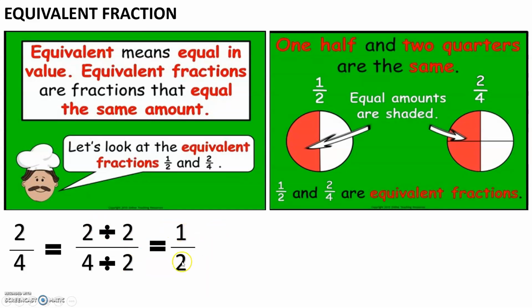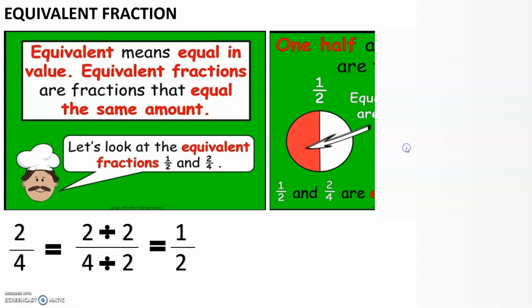So the answer is 1 upon 2. Now see children, here also 1 upon 2 and here also 1 upon 2. So these two fractions are equivalent because they have the same value. This is 1 upon 2 and when we divide this fraction further, we get the answer as 1 upon 2. For that reason, we say that these two fractions are equivalent.